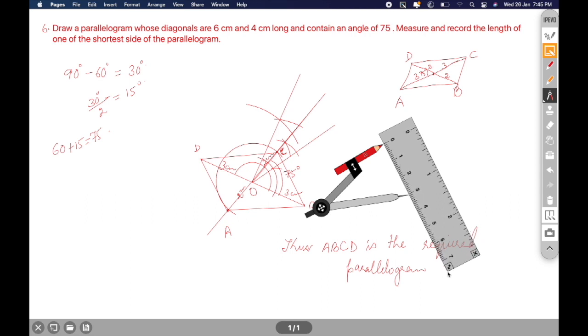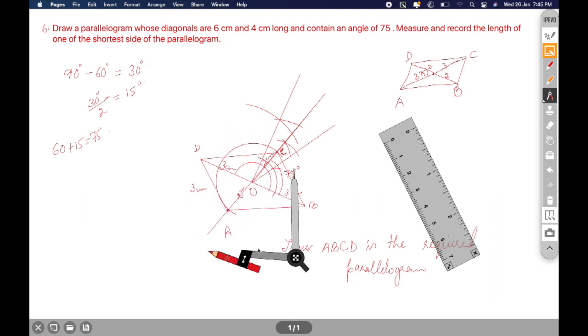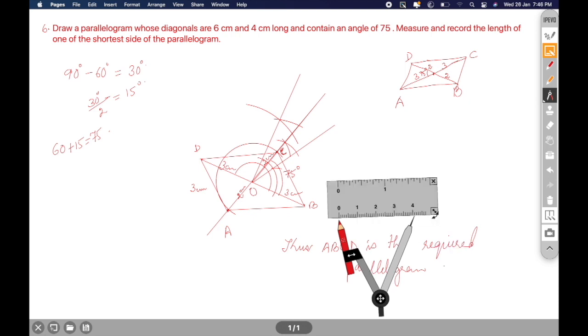So we can see that one of the sides is 3 centimeters here, and for the other side again AB. So now to measure.